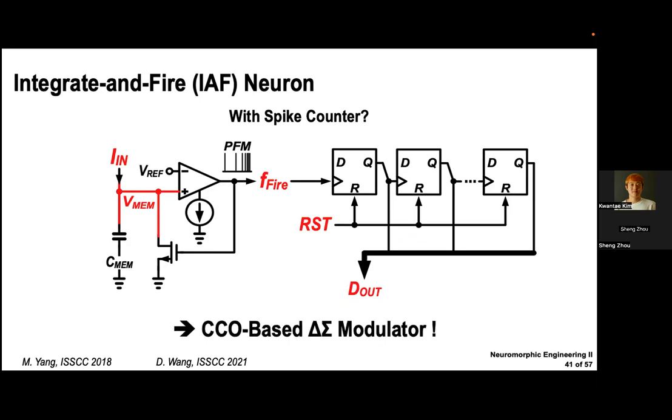If you are further interested, you can study more about this architecture in circuit papers. In circuit papers, you can find that this is actually a CCO-based delta-sigma modulator. So what I want to say is, if you put an integrate-and-fire neuron with a spike counter, you're actually building an analog-to-digital converter with the delta-sigma architecture.